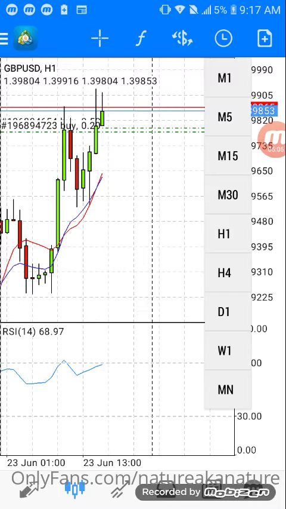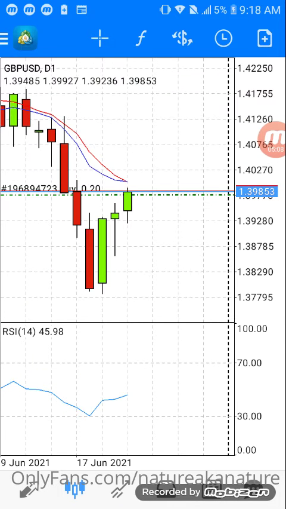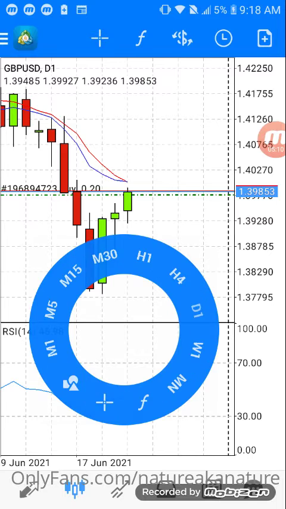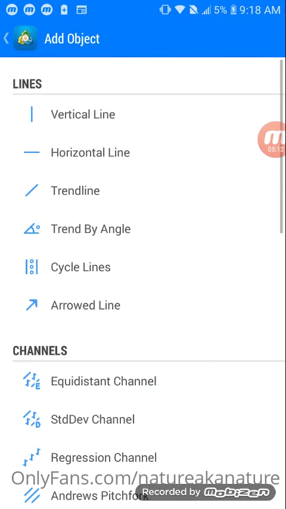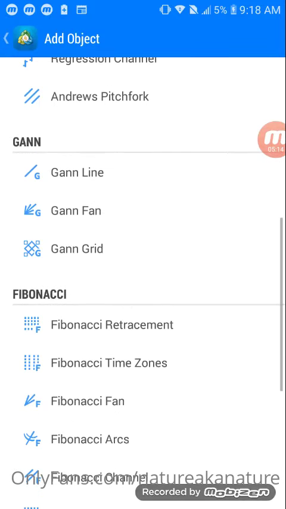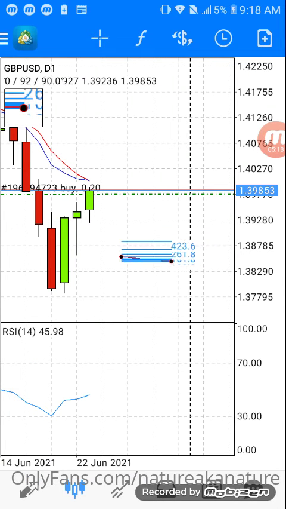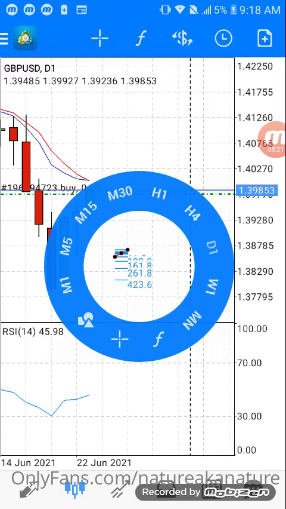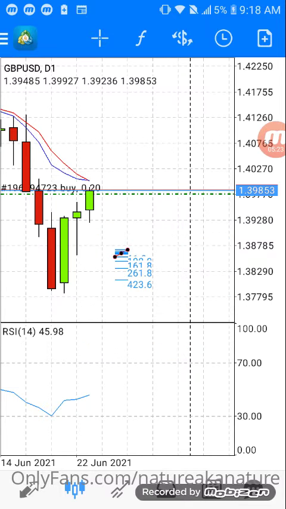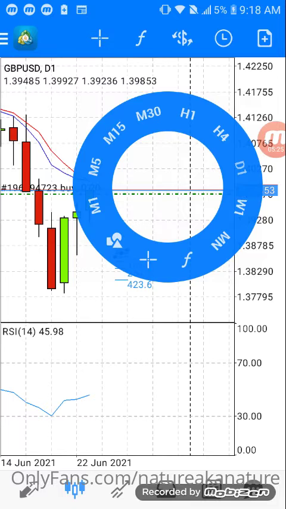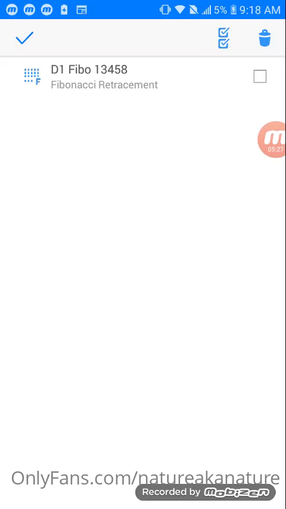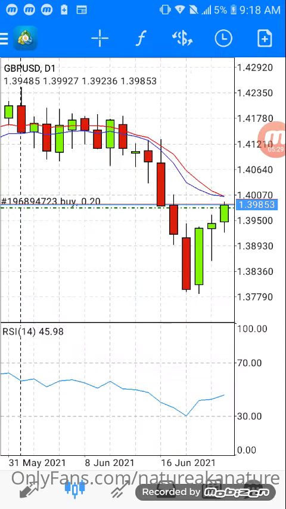Let's see what else we can do real fast. Let's look at Fibonacci one more time. Fibonacci retracement. Hold up, I didn't think I drew that. Let me look at Fibonacci one more time.